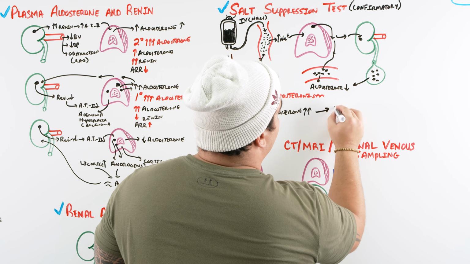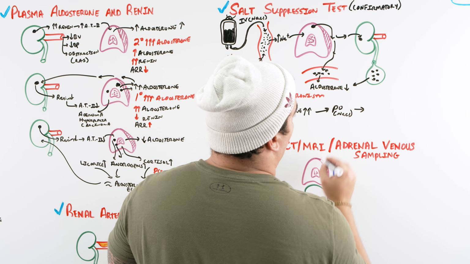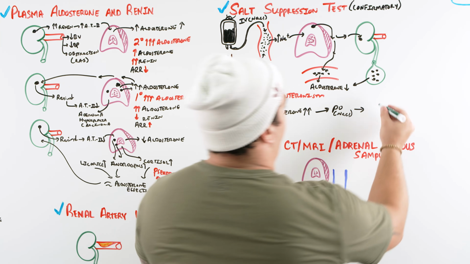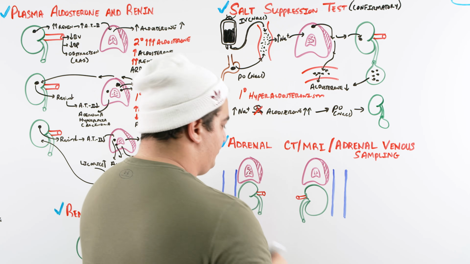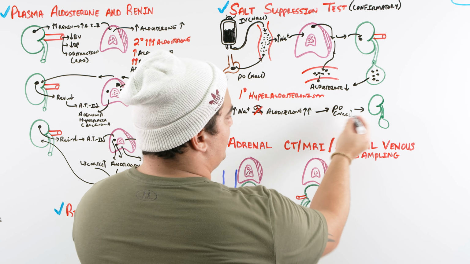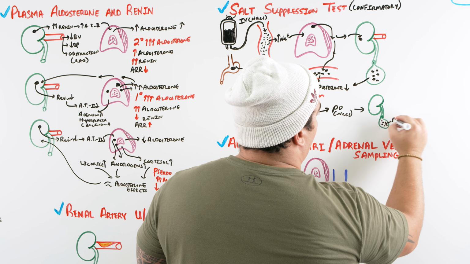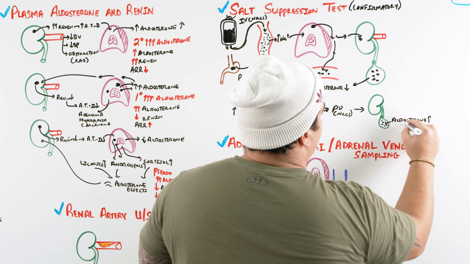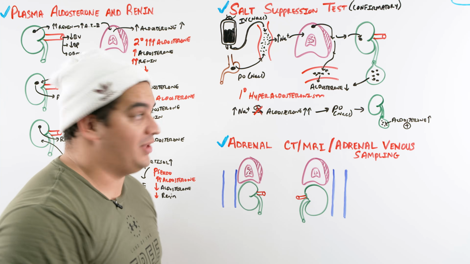If you're doing this via the PO sodium chloride, you usually test the urine. You'll look at the urine aldosterone, and if it's really high, the aldosterone level will be high. This is a positive test for primary hyperaldosteronism.